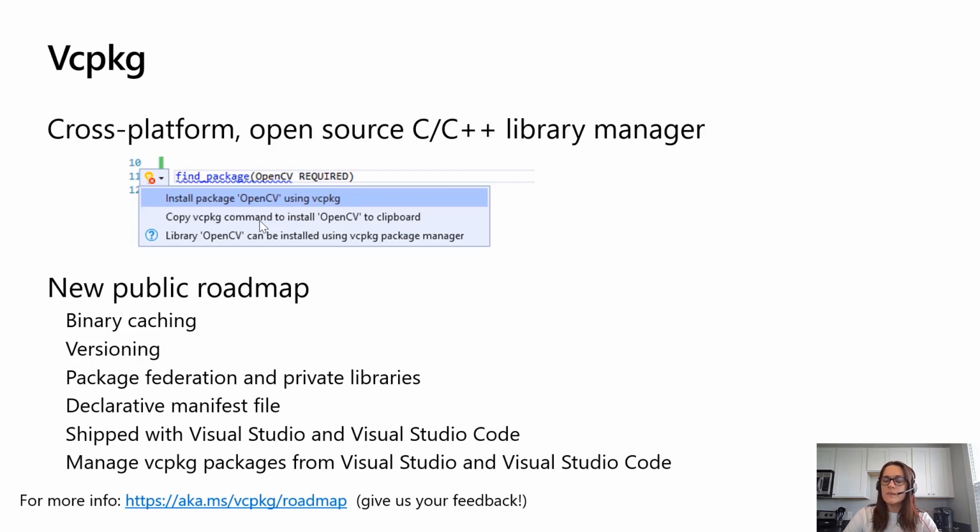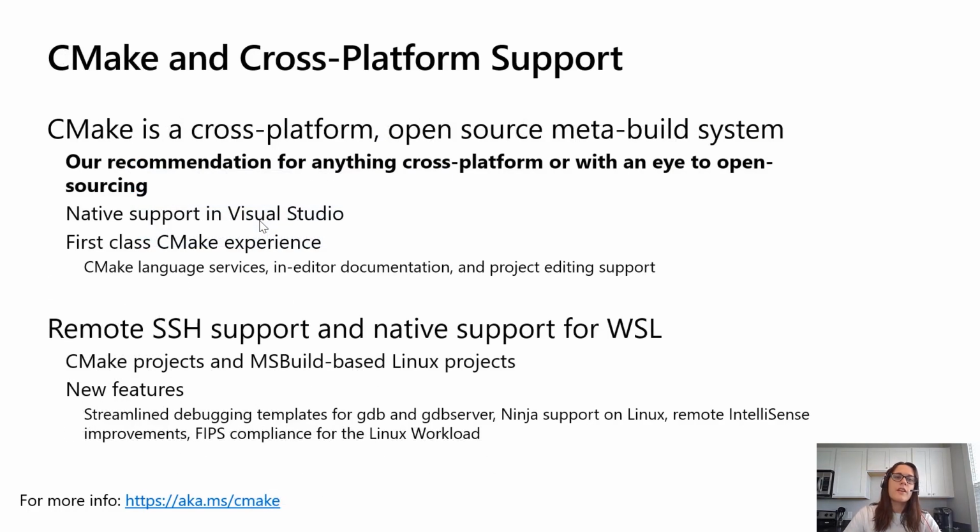You'll have a first-class experience using your privately hosted libraries with vcpkg, in addition to all of the libraries that are available on the open source catalog. We'll be adding support for a declarative manifest file that can be checked into source control and consumed by vcpkg, as well as better support in both Visual Studio and Visual Studio Code.